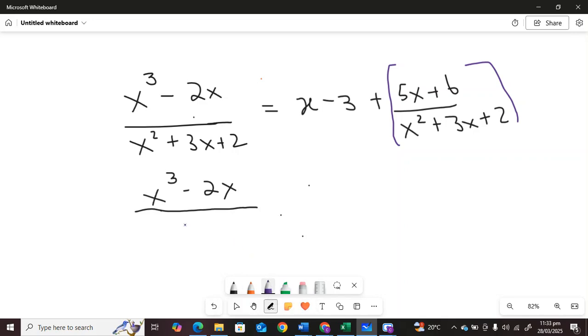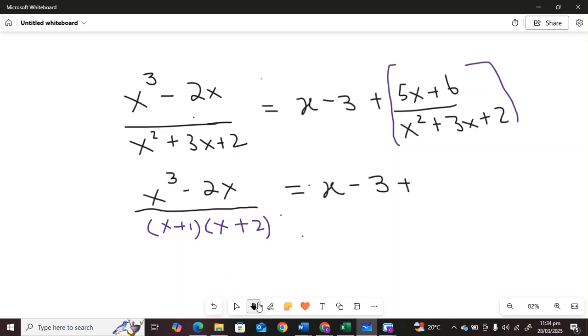What have you got? Okay, just put it like this. I just want it in the factorized form. x plus what you got, x plus one. Are we all getting this, colleagues?